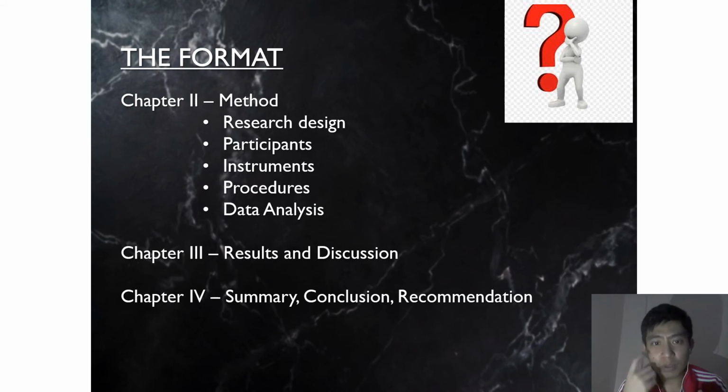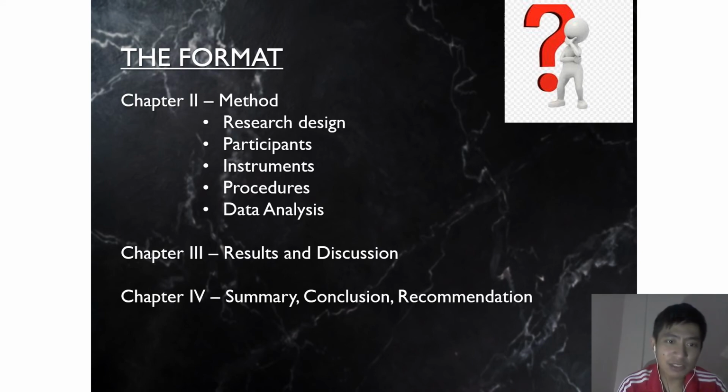And will you use thematic analysis? What qualitative analysis will you choose? And chapter 3 is the results and discussion. Results and discussion entails showing the tables and your analysis with support of literature. Okay?